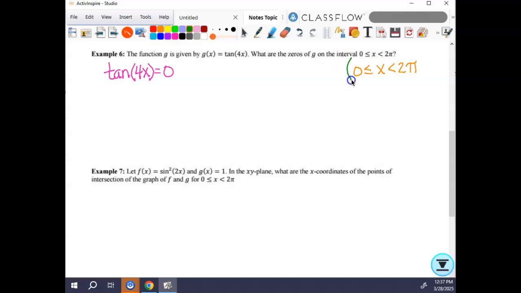So for my interval over here, I need that x to be a 4x, so I've got to multiply by 4. It's going from 0 to 8 pi. How many rotations is that? 4, right? Because if I go 2 pi each time, I get 4 rotations. So this is 4 rotations.